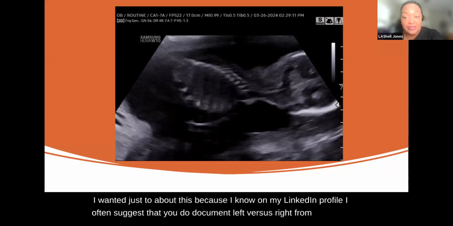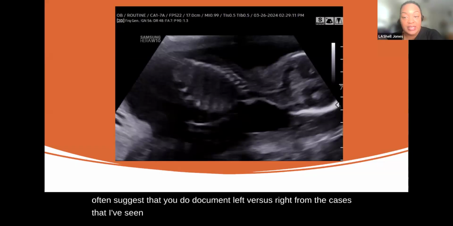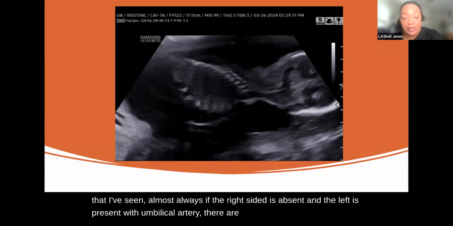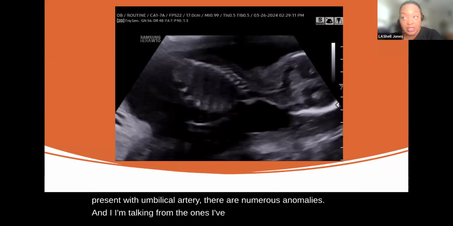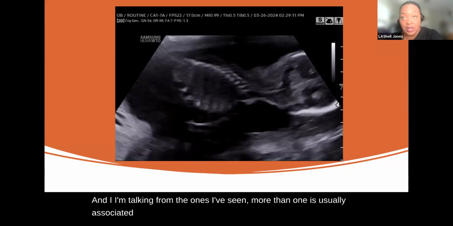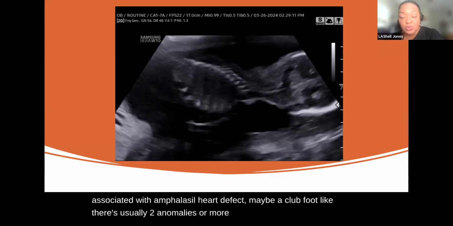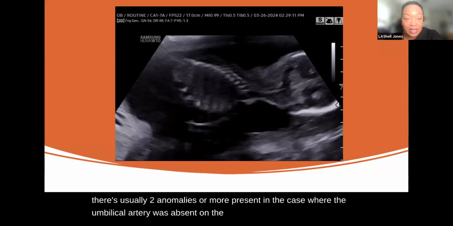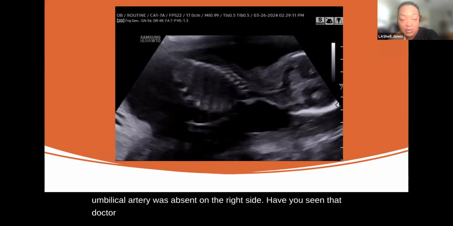From the cases that I've seen, almost always, if the right side is absent and the left umbilical artery is present, there are numerous anomalies. And I'm talking from the ones I've seen, more than one. It's usually associated with omphalocele, heart defect, maybe a club foot. There are usually two anomalies or more present in the case where the umbilical artery was absent on the right side. Have you seen that, Dr. Koskin, in your practice?